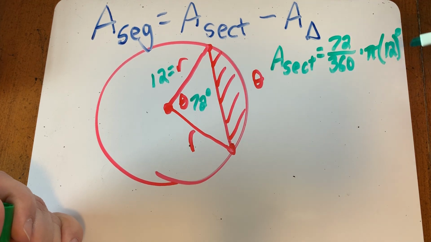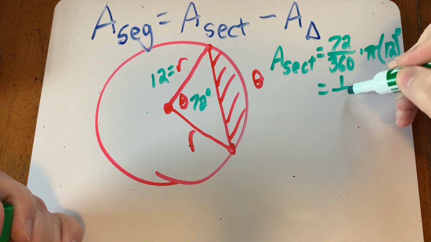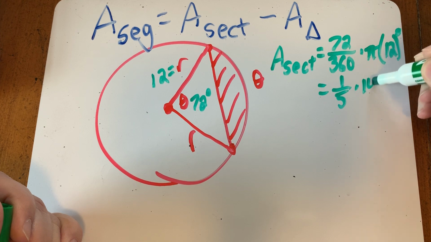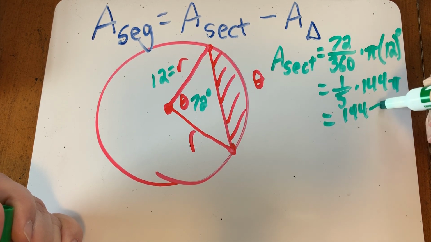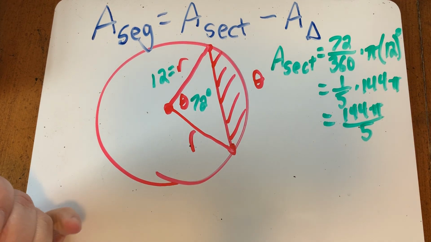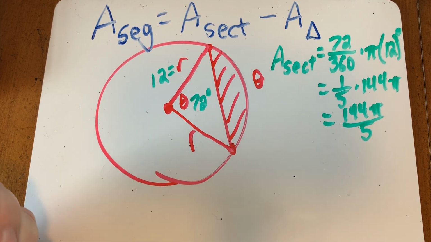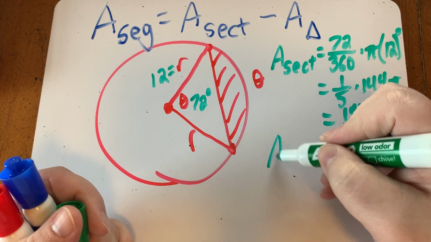Well, 72 goes into 360 5 times, so it's 1/5 times 144 pi. So the area of the sector is 144 pi over 5. Units squared, that's not my final answer, so I'm not going to bother writing units squared.